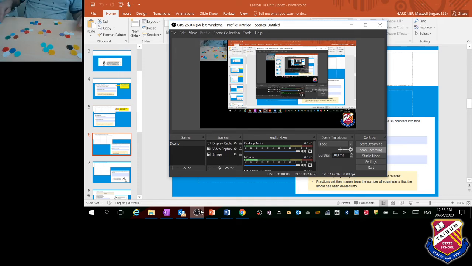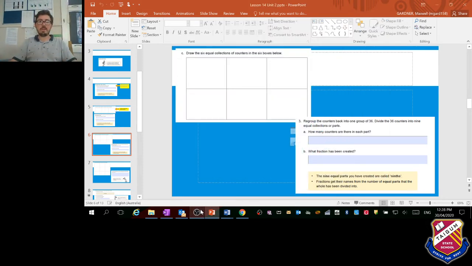There we go. So I've got 9 equal groups and I've got 4 in each group. Wait a minute. 9 and 4 multiplied together make 36. That's because they're inverse operations. We've been learning about that too, haven't we? It's all interconnected. That's why mathematics is a great subject.